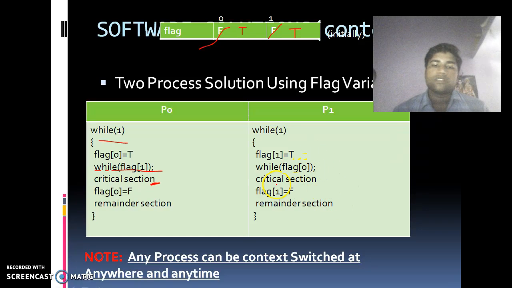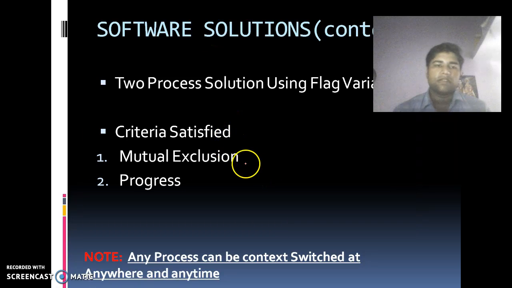So it doesn't go into the critical section. Now when P0 completes, it makes flag 0 false again. So now this condition will become false and P1 will go into the critical section and perform. So it again satisfies mutual exclusion.